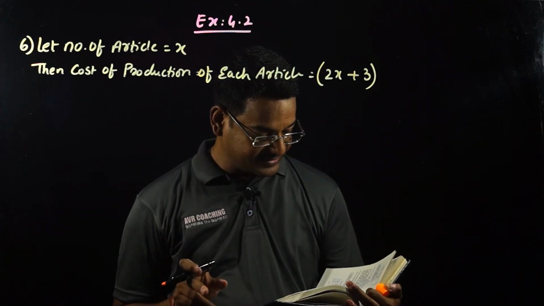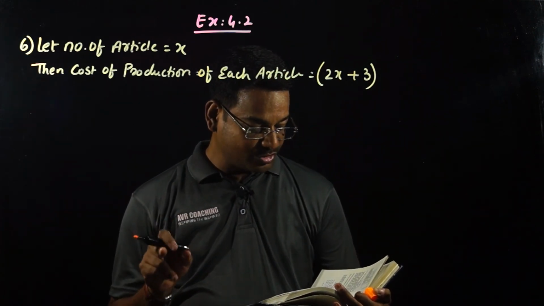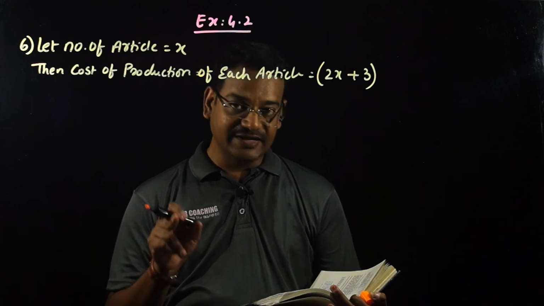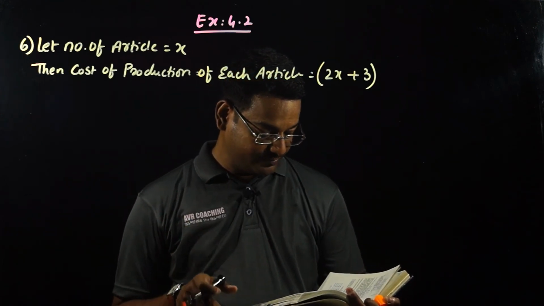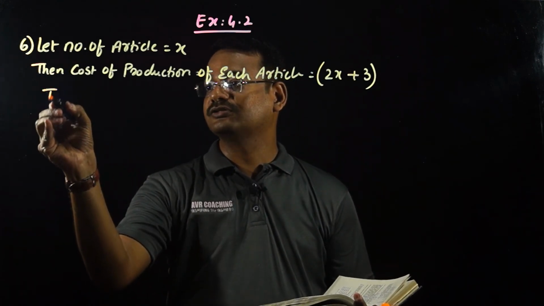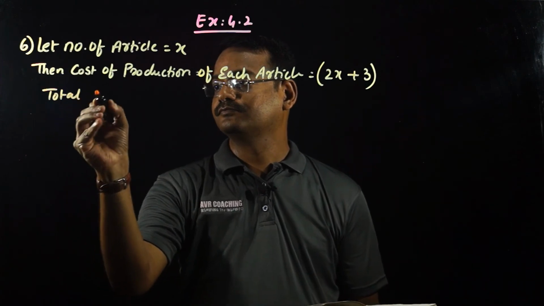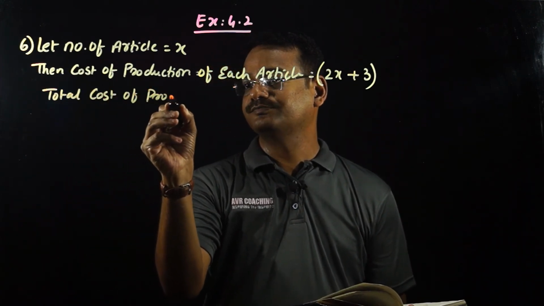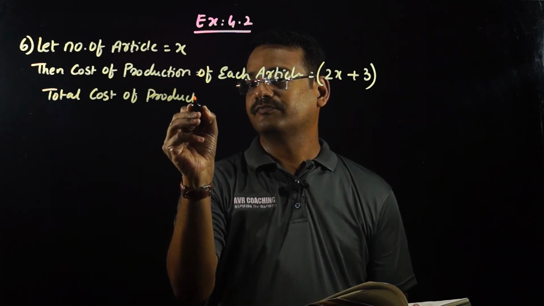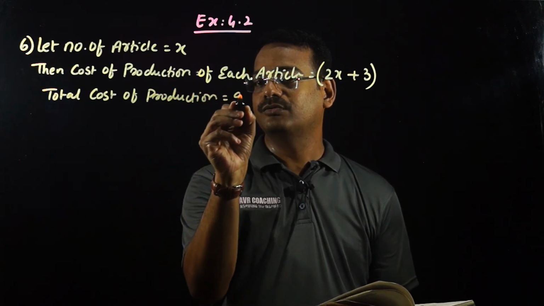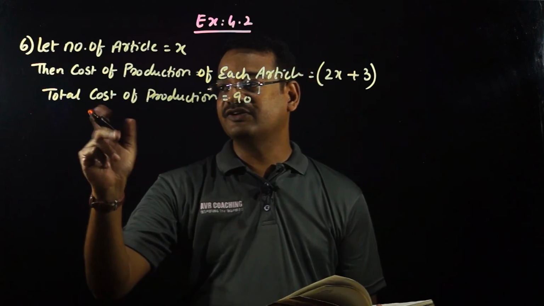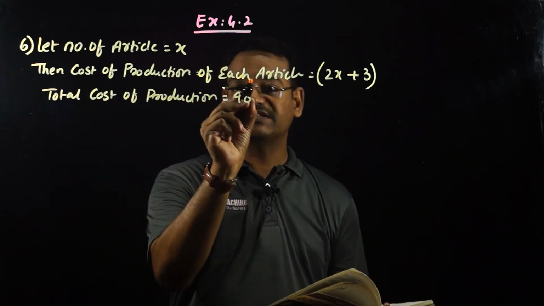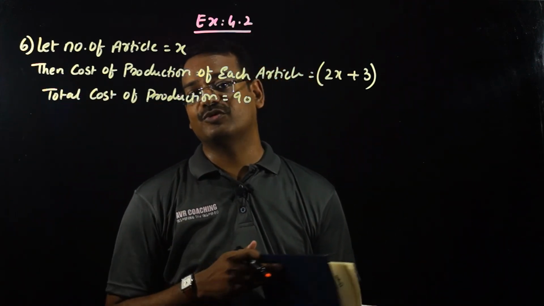And next he is saying that if the total cost of production on that day was 90. See, there is a difference between the cost of production of each article and the total cost of production on that day.